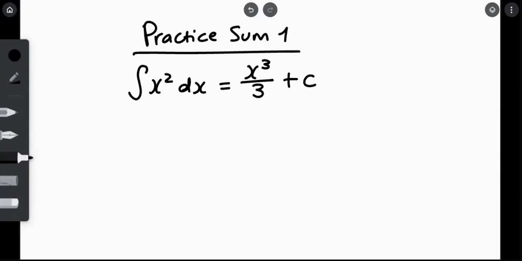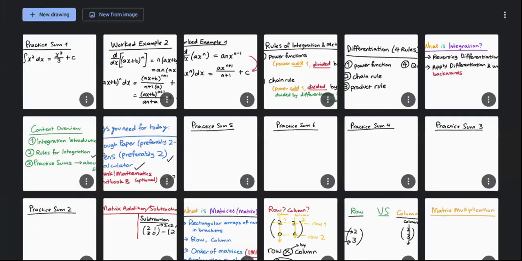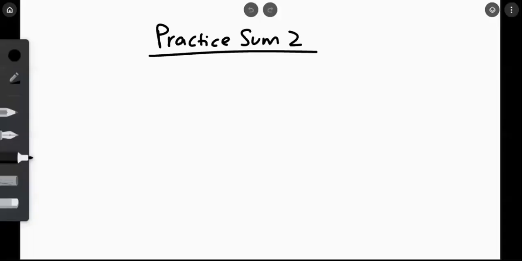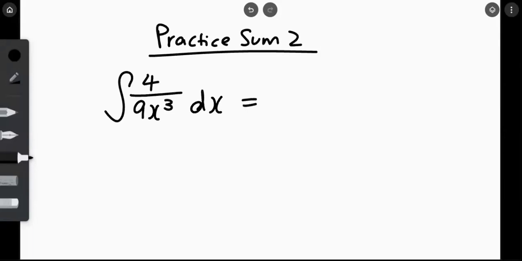Okay, the next practice sum will go something like this. Okay, let's do a bit of fraction now. Okay, so for this one, I'll give you a bit more. I'll give you about 2 minutes and 15 seconds. Okay, so 2 minutes and 15 seconds. Your time starts now.